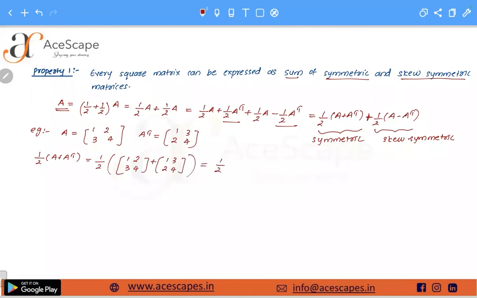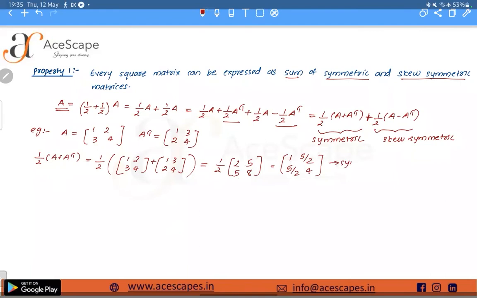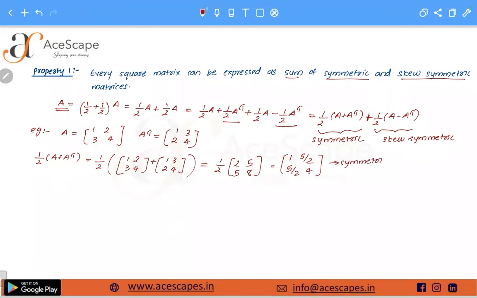That is 1 plus 1, 2; 2 plus 3, 5; 3 plus 2, 5; 4 plus 4, 8, which is equal to [1, 5/2; 5/2, 4]. We can see that this is a symmetric matrix, right? Because A11 equals A11, A12 is equal to A21, A22 equals A22. So this is a symmetric matrix.